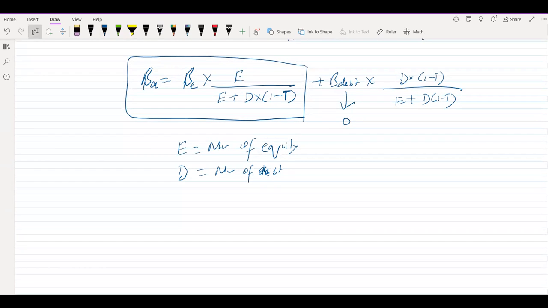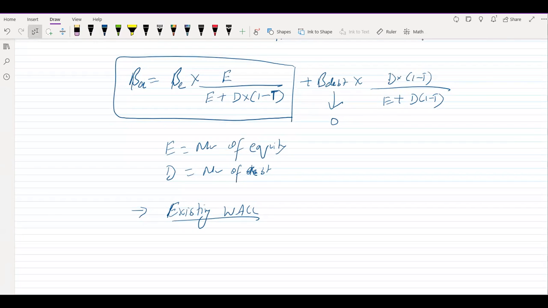Okay. If you want to use the existing WACC, so there are two conditions. वैसे 4 conditions, there are 4 conditions, but main conditions are 2.